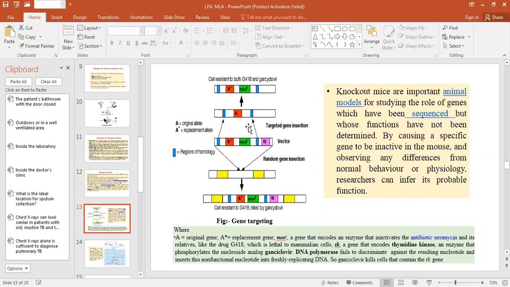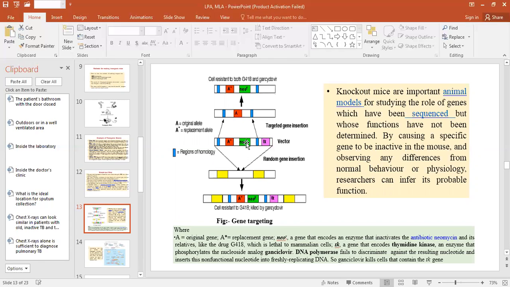Here the scheme is showing two genes. A is the original gene, A star is the replacement gene, and this is neo-R, the neomycin antibiotic resistance gene, and it's related to the drug G418, which is lethal to mammalian cells.